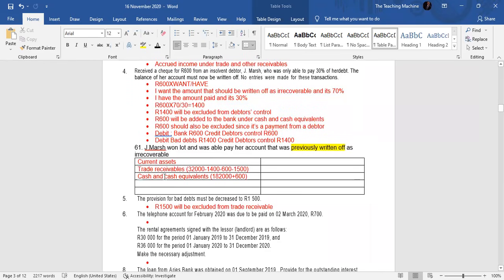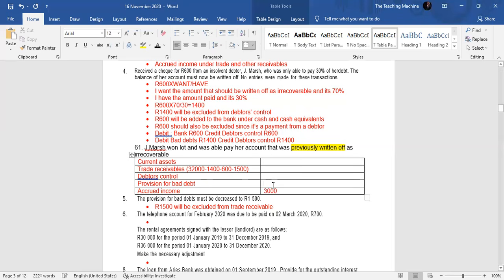Okay, so let me do it like this. It should be debtors control, provision for bad debt, accrued income. So this is an accrued income of how much? 3,000.